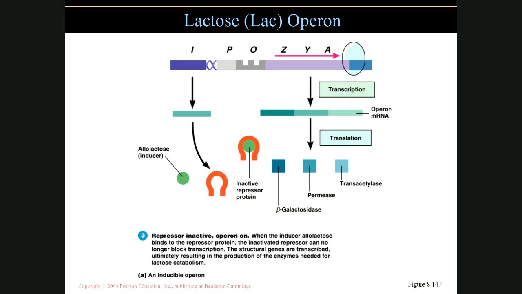If you knock out the gene for transacetylase, bacteria have no problem using lactose. And so they think the purpose of transacetylase is that sometimes sugars, when they experience a conformational change, become kind of toxic to the cell. And so transacetylase is believed to help deal with toxic forms of sugar. But it's not actually necessary for the cell to use lactose. But these 2 genes are.